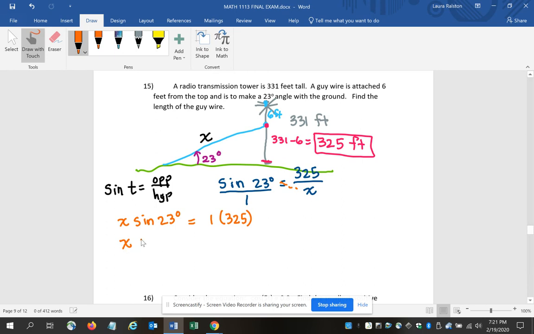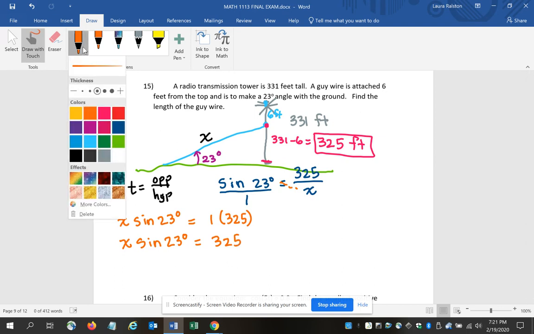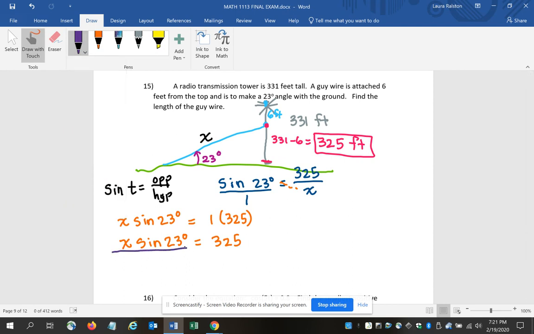I'm trying to solve for X, so I'm going to divide both sides by sine 23 degrees. So I have X equals 325 divided by the sine of 23 degrees.